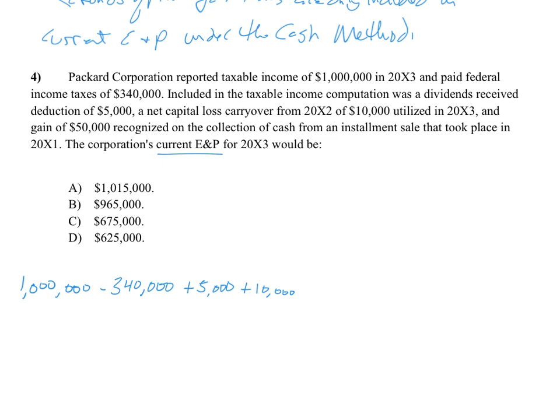And a gain of $50,000 recognized on the collection of cash from an installment sale that took place in year 1, okay? So that has to be subtracted out. And so what do we end up with? We end up with $625,000. So your answer is D. Okay?